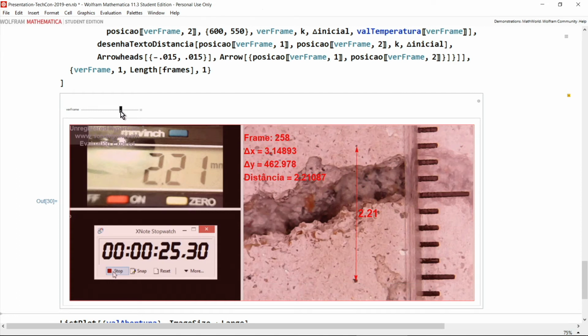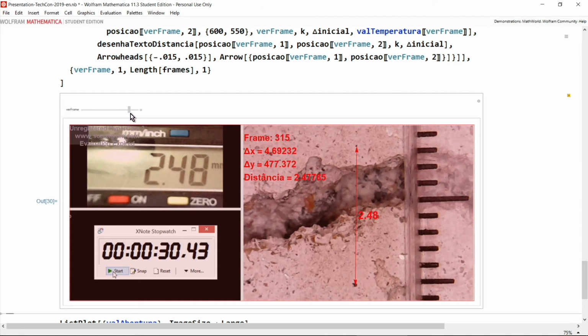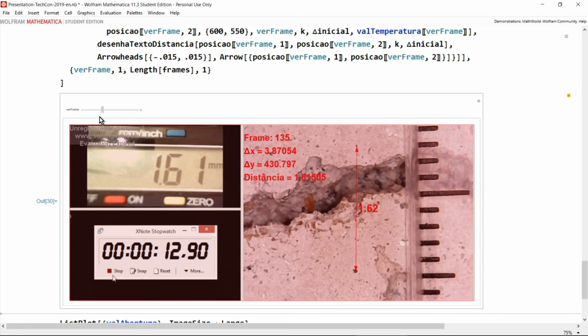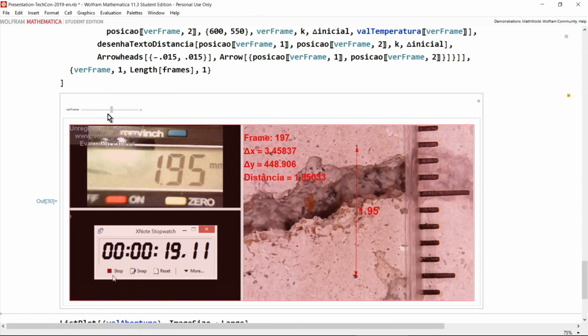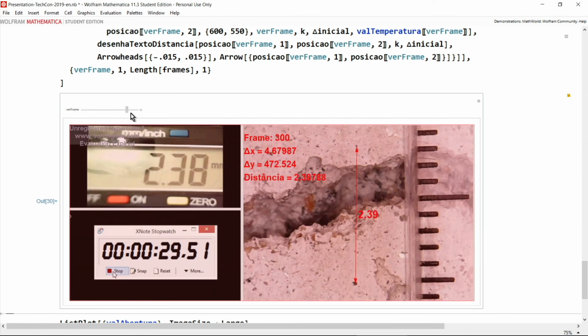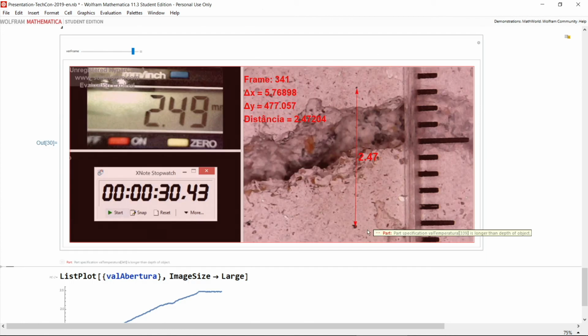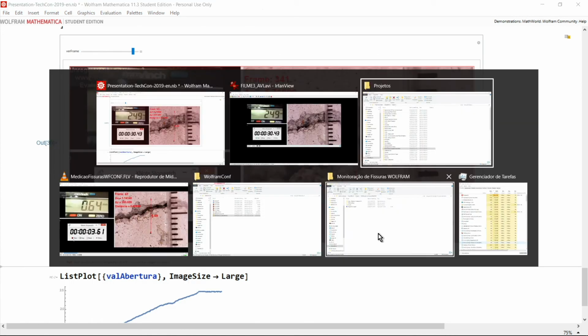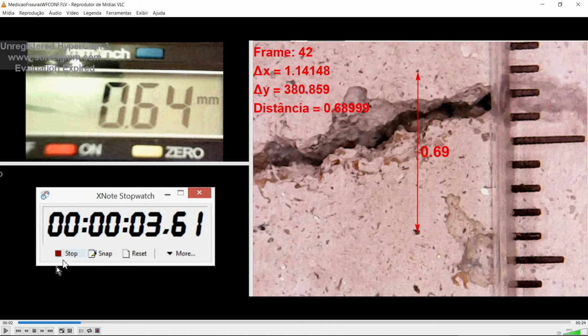So here we have the measured crack. This is a traction, so it's opening. And we have the measures. Let me show you the video. We can export each frame and make a video.